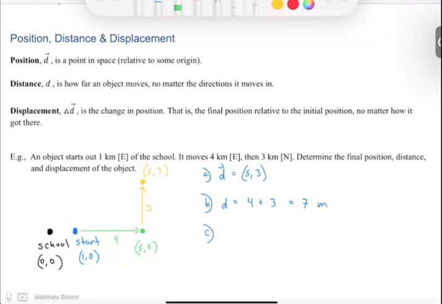And finally, we want to know the displacement of the object. For that, we have to look at where it finishes relative to where it starts. So that's going to be the vector here. That's the displacement, its final position relative to its starting position.